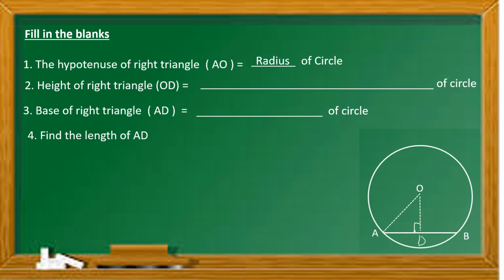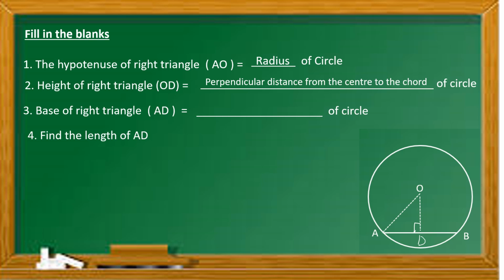And height of right triangle OD, that is equal to dash of the circle. Look at OD very carefully and then tell me, according to the circle, what is this OD? Yes, perpendicular distance from center to the chord, isn't it? Okay. So what is base of right triangle AD?